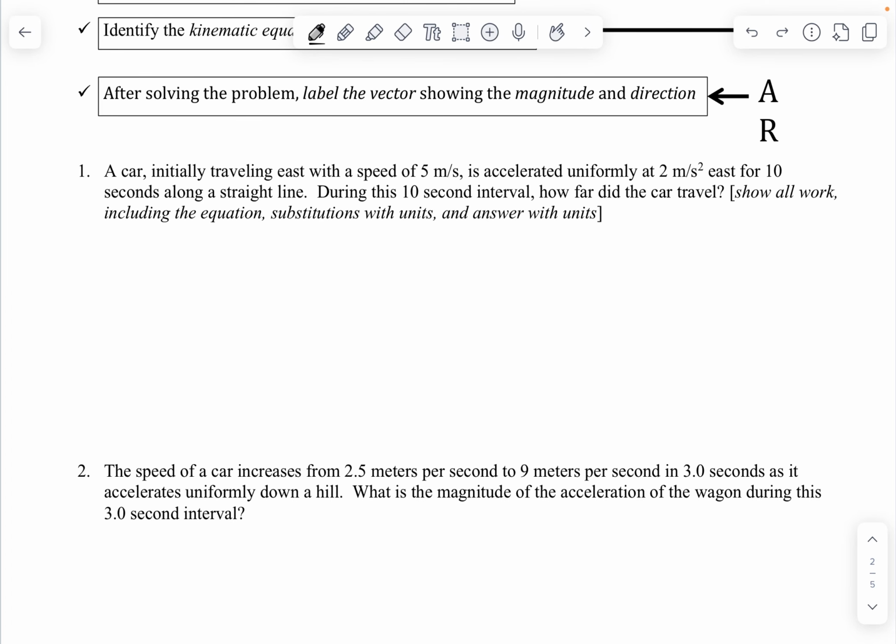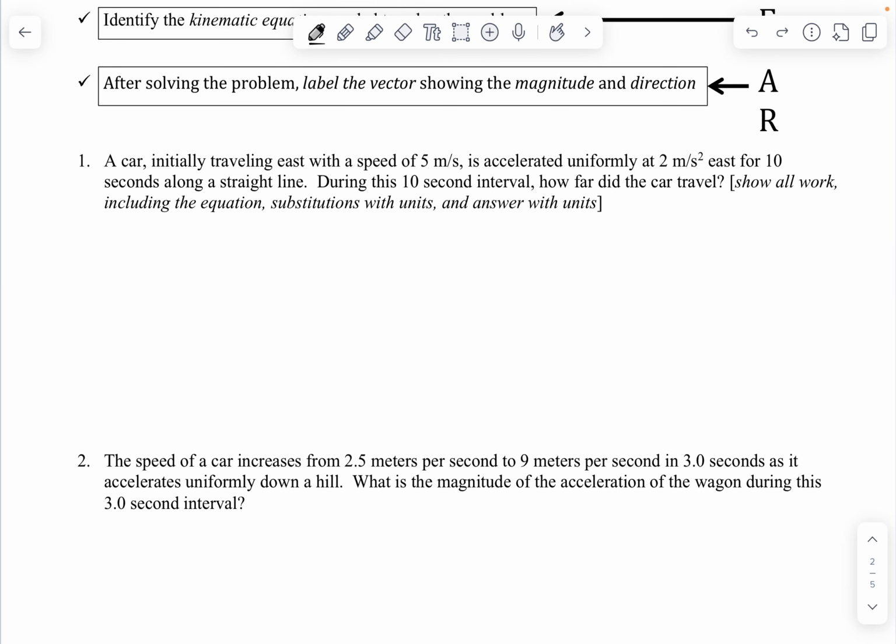Right, so what we're going to do first is underline what we're given. Here we're given 5 meters per second speed initially, because it says initially traveling with a speed of 5 meters per second. So that is initial velocity. But then it accelerates at 2 meters per second squared east for 10 seconds.